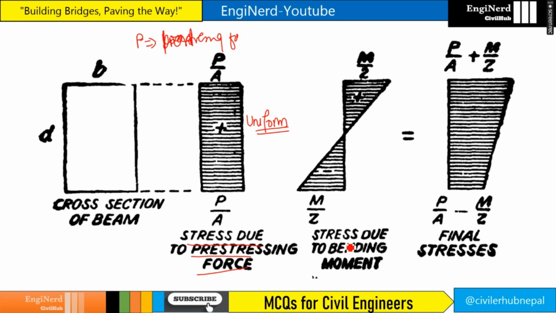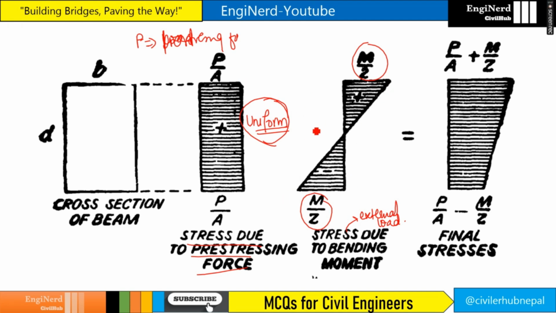And this M by Z is due to the external load, right? So pre-stressing force is uniformly distributed, and the stress due to bending moment is in this shape.